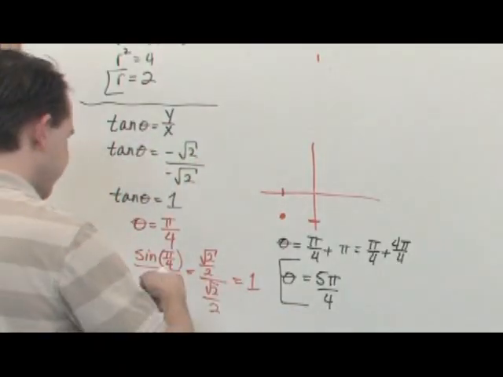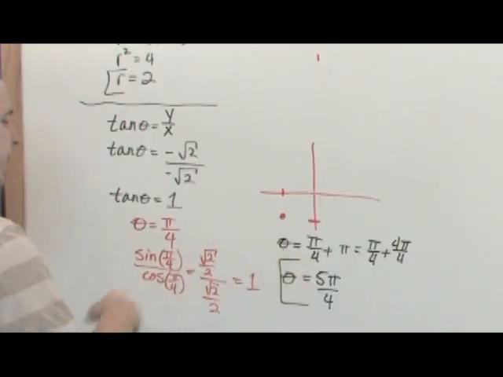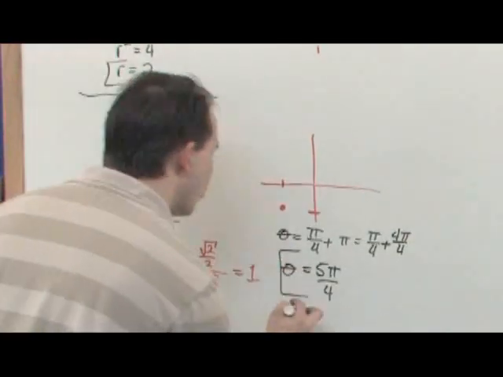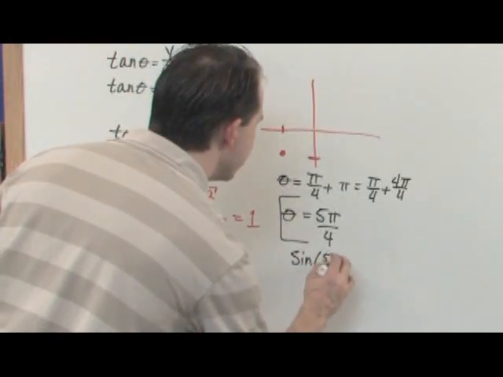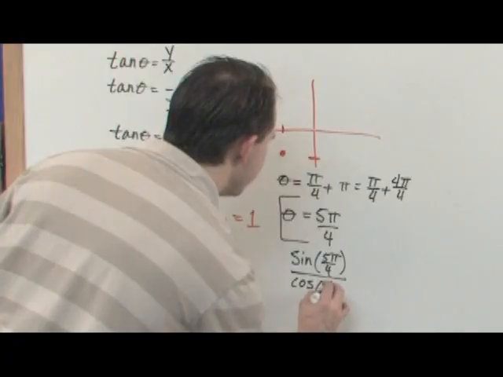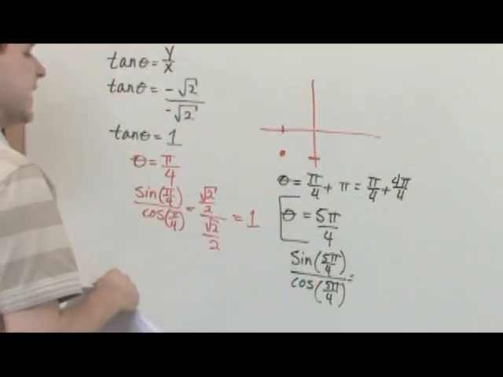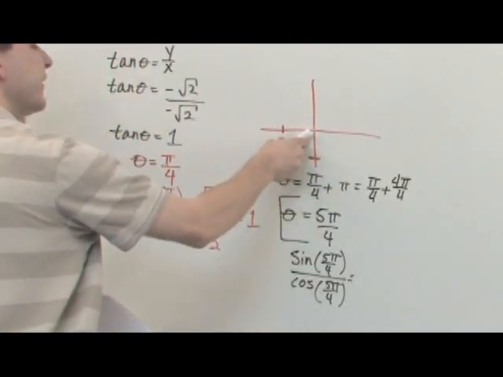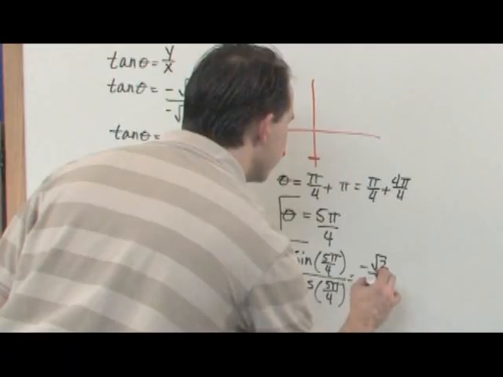And if you just want to double check yourself, if you look at the sine and the cosine, if I want to take the tangent of it, what is the sine of 5 pi over 4 divided by the cosine of 5 pi over 4? What is that going to be equal to? Well, the sine of 5 pi over 4, which we know is down here, is going to be negative. So it's going to be negative square root of 2 over 2.